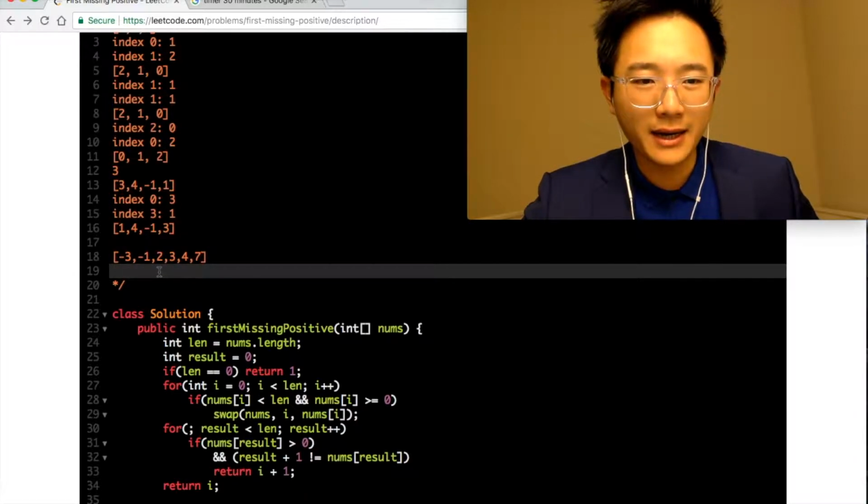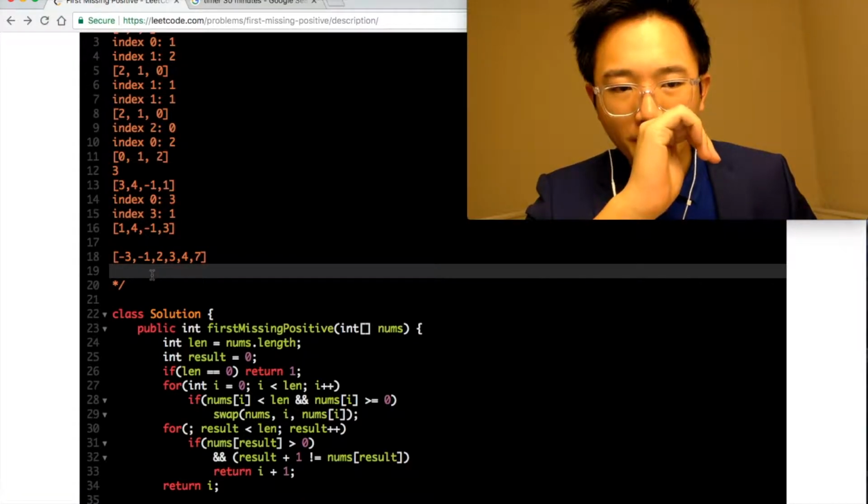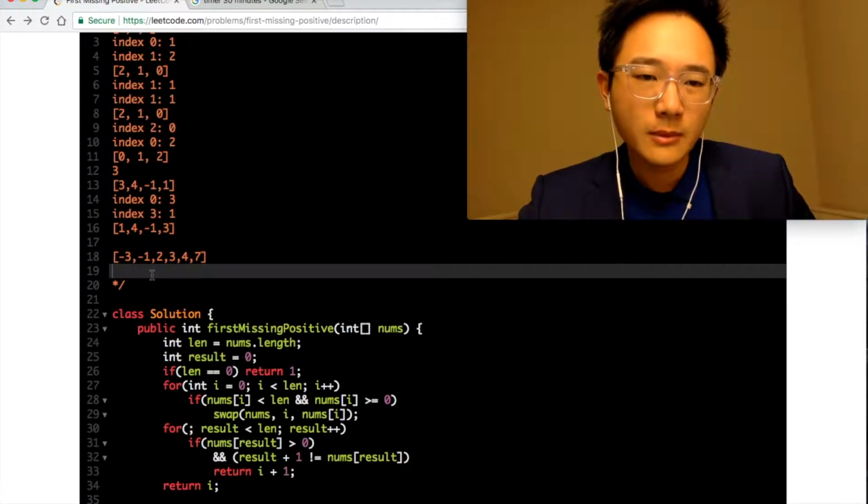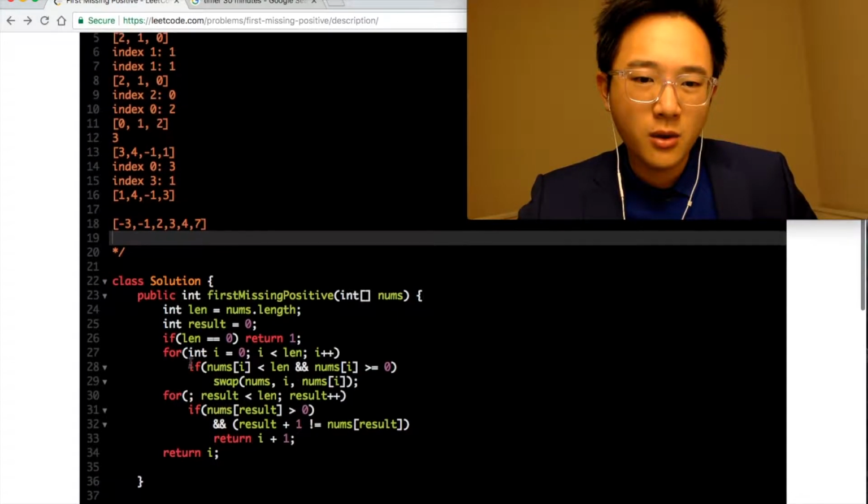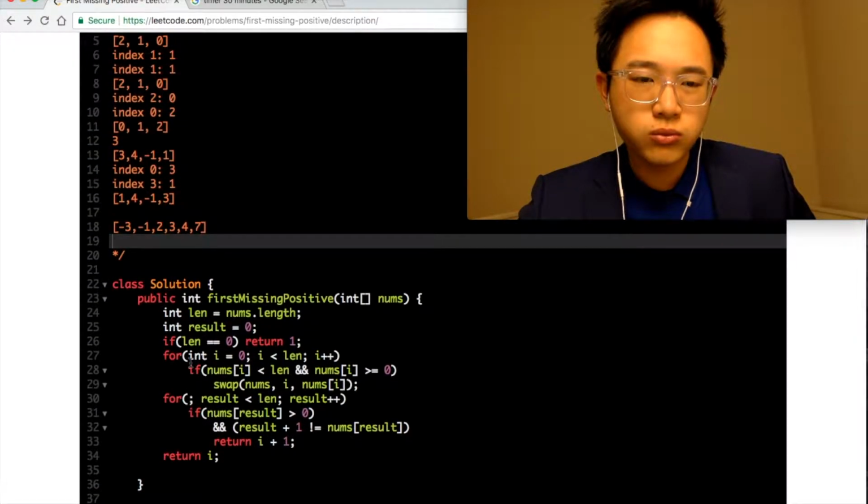But 1 is what we need, right? So 0, 1. Why is that? We have 2, but 2 is what we need, and we are missing 1 and negative 3 and negative 1.